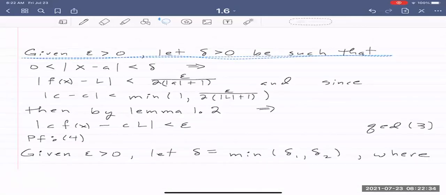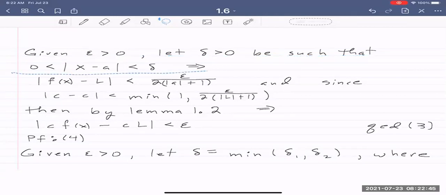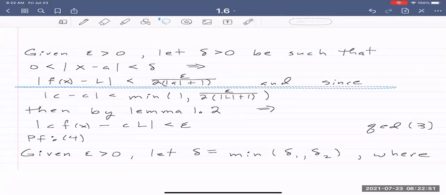Given epsilon greater than 0, let delta be greater than 0 be such that x minus a in absolute value between 0 and delta implies that f of x minus L in absolute value is less than epsilon over the quantity 2 times the quantity absolute value of a plus 1.